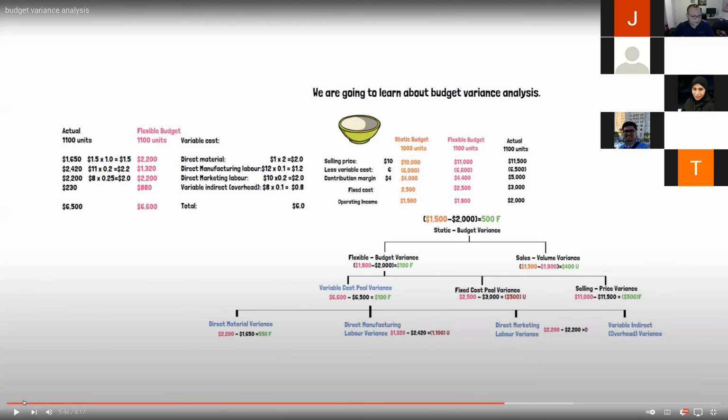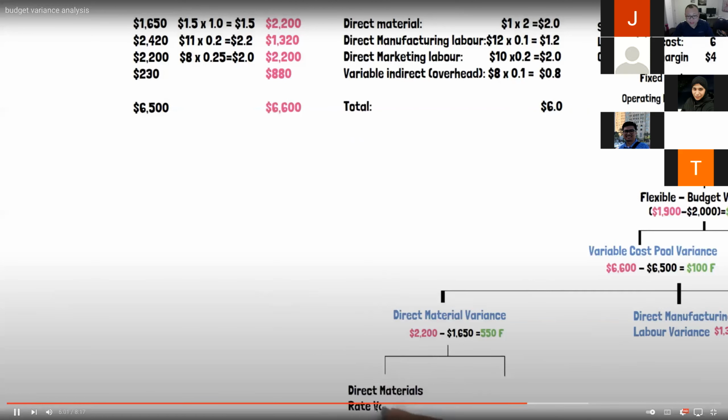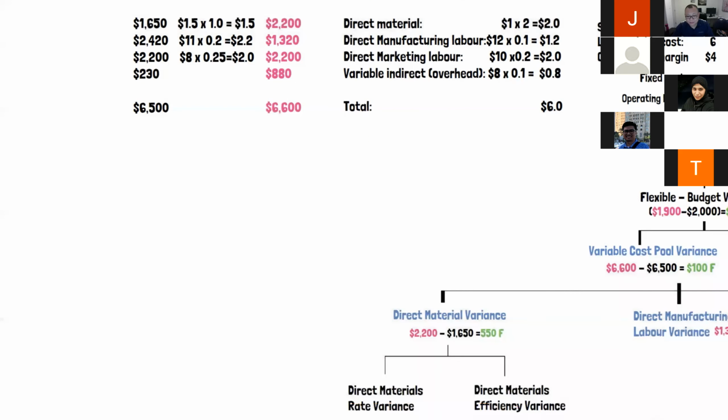So let's take a look. I'm going to break this variance into a direct material rate variance, and here will be a direct material efficiency variance.